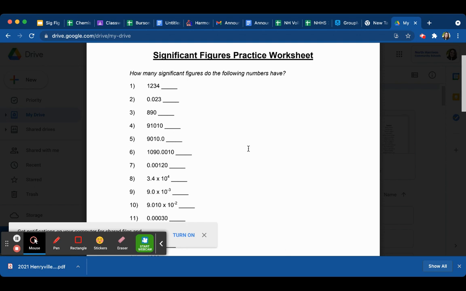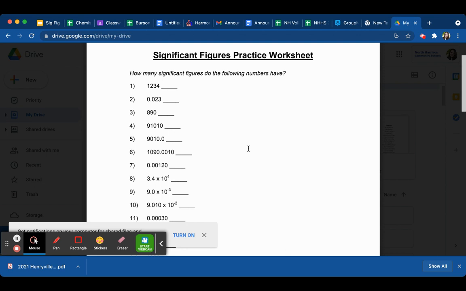What about number 5? 5, because there is a decimal point there. What about number 6? 8. All the zeros, the trapped zeros and the zeros after the decimal point, all count. What about number 7? 3. Leading zeros do not count.